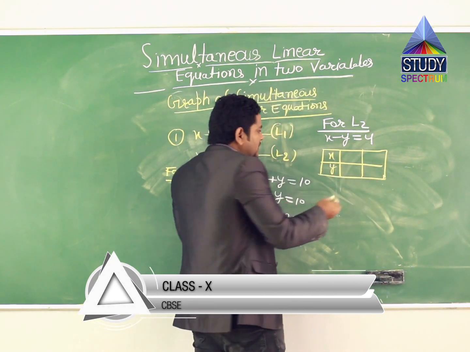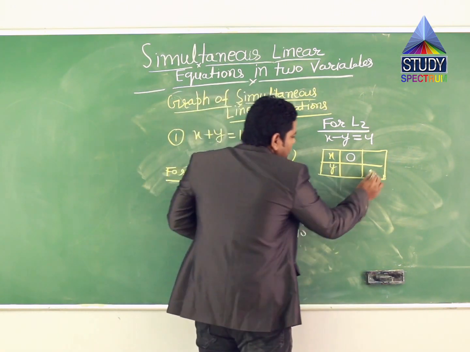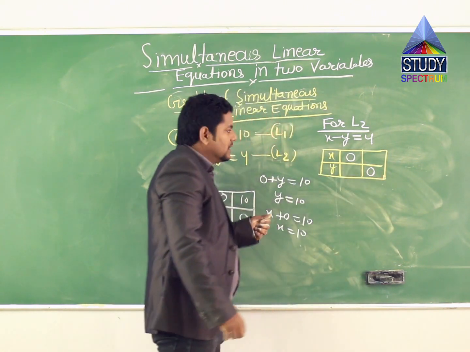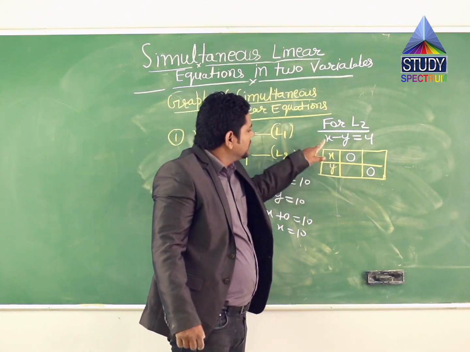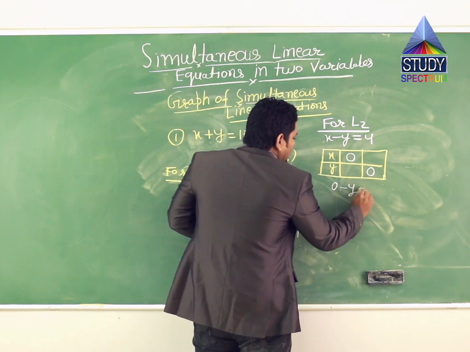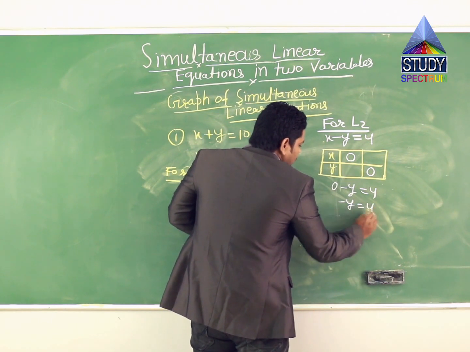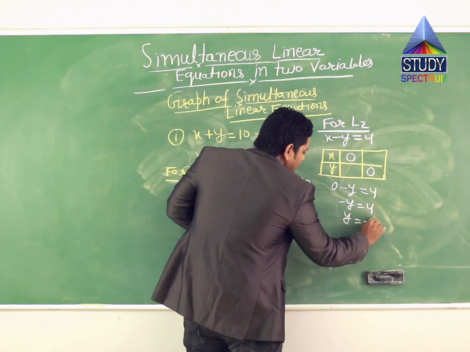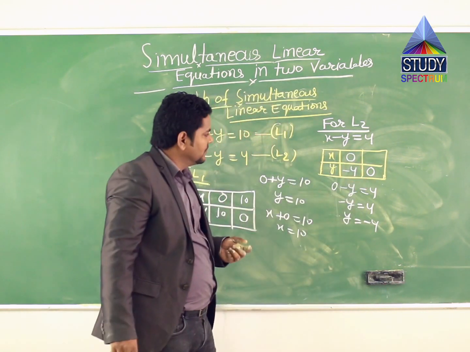For getting the first point, we'll substitute x equal to 0, and for getting the second point, we'll substitute y equal to 0. Now, for the first point, we substitute x equal to 0 in this equation. So 0 minus y equal to 4, so minus y equal to 4. So y equal to minus 4. We'll put minus 4 here.